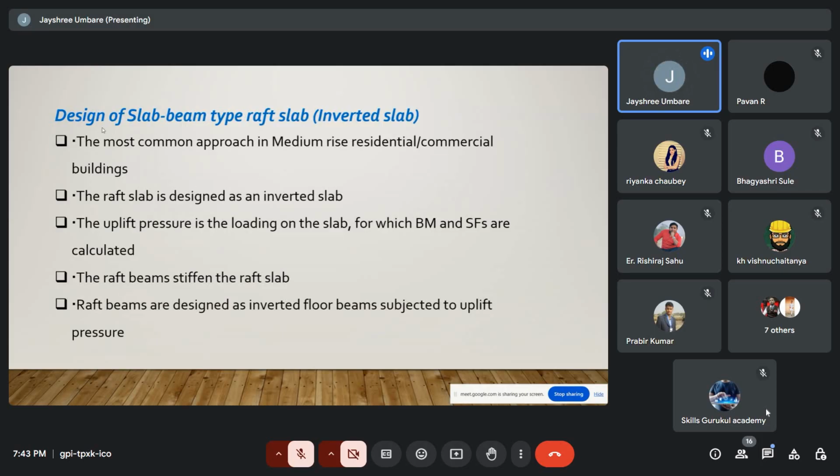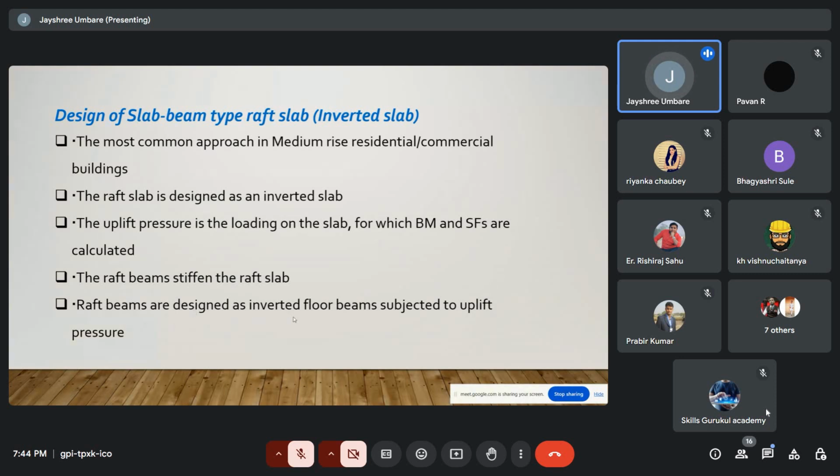Design of raft, the design of slab beam type raft slab. The most common approach in medium rise residential and commercial buildings. The raft is designed as an inverted slab. The uplift pressure is the loading on the slab, for which bending moment and shear forces are calculated. The raft beams stiffen the raft slabs.